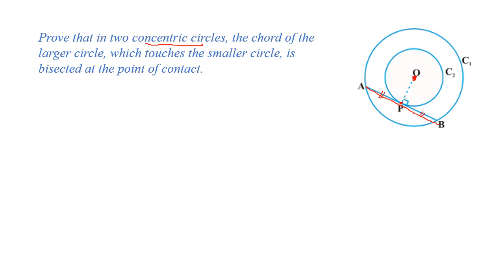So we are given a circle with center O, AB is the chord of the outer circle which is also the tangent of the inner circle. And we have to prove that AP equal to PB. So let us start the proof.